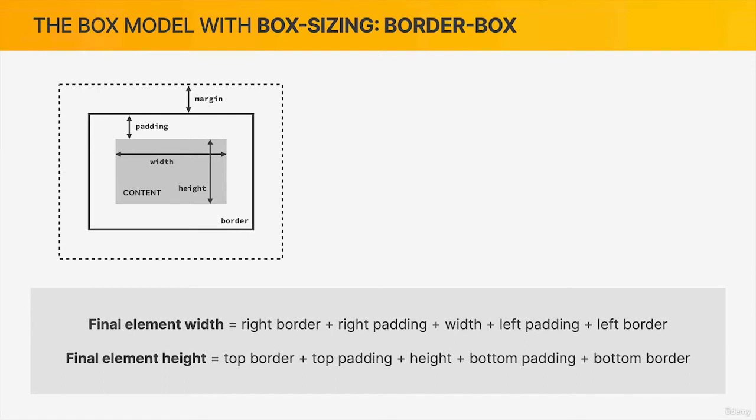So wouldn't it be nice if we simply defined a certain height or a certain width, and then the element would simply be exactly that size, no matter what border or padding? Well, actually, of course, we can do that, simply by adding a little property to the element, which is called box-sizing, and we set the value of that property to border-box.